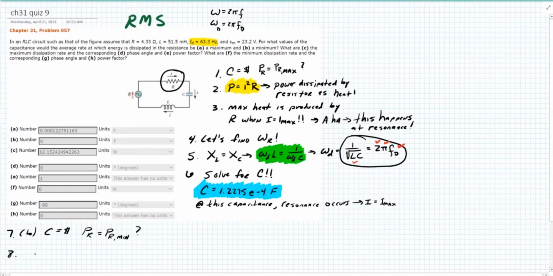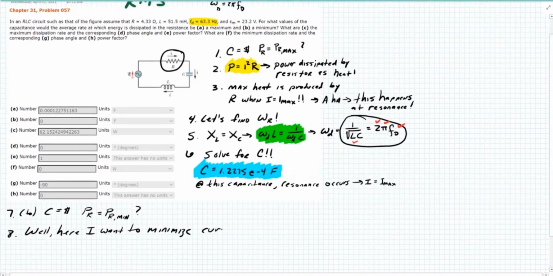Number 8. Here I want to minimize the current. I don't want to maximize. That was part A. I want to minimize. Here I want to minimize the current flow.